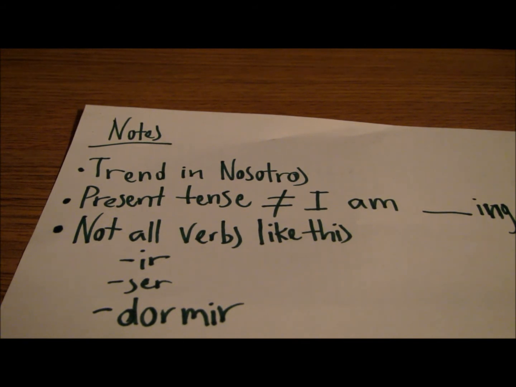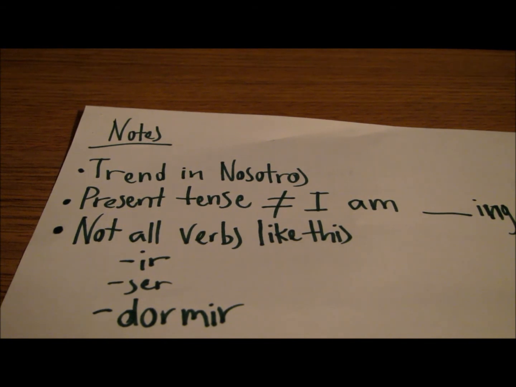Dormir is an example of a stem-changing verb. I'll teach stem-changing verbs later, but for dormir, I sleep would be D-U-E-R-M-O. Dormir means to sleep. So that's an example of a stem-changing verb.